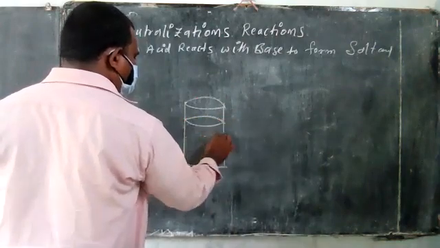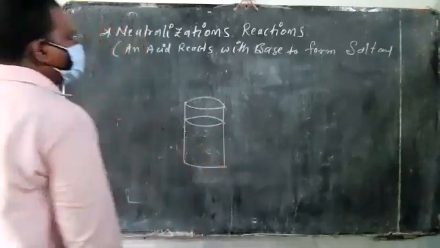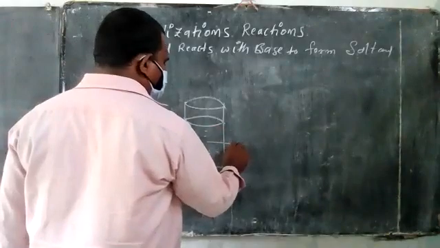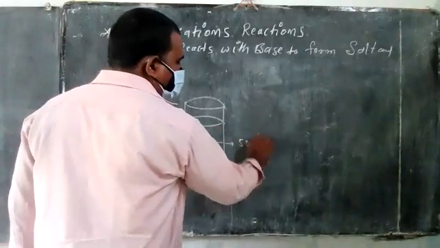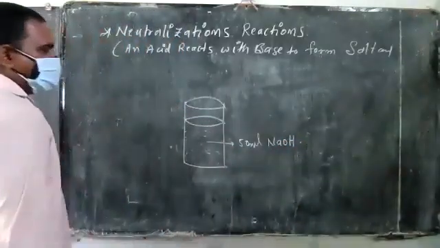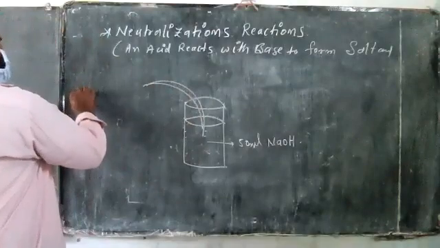Actually this is a 100 ml capacity test tube, so you take 10 ml or 50 ml of NaOH solution. Now add the phenolphthalein indicator.